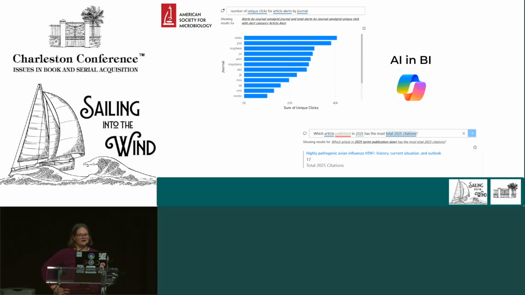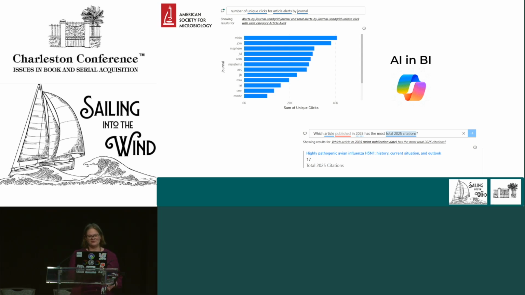And it understood enough to give me the top cited 2025 article. The red underline shows that it didn't really know what I meant by published, so it guessed that I meant print publication date, which, maybe I meant the electronic publication date, but they're very similar. So that was very close.